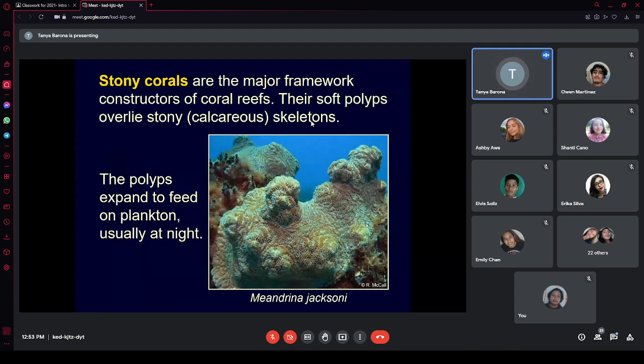Stony corals are the major framework or constructors of coral reefs. They have soft-bodied polyps within a calcareous skeleton. The polyps expand to feed on plankton, usually during the night. However, they do get nutrition from an algae which lives in symbiosis with them.